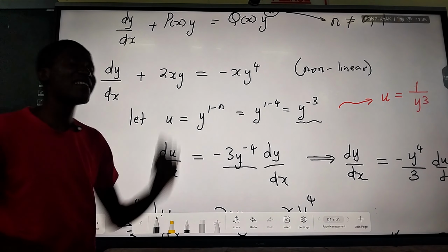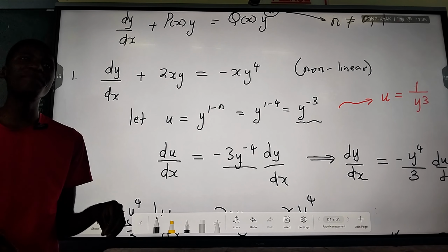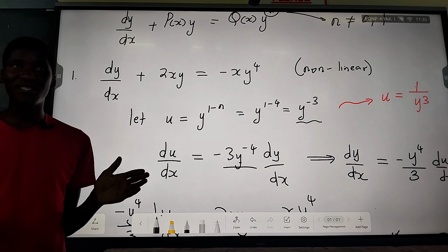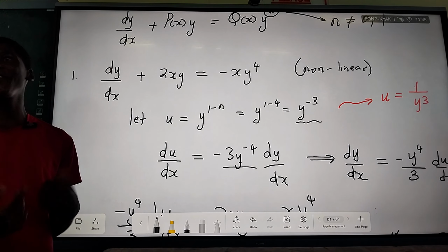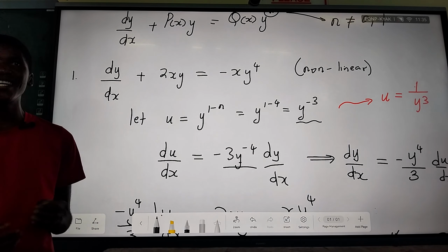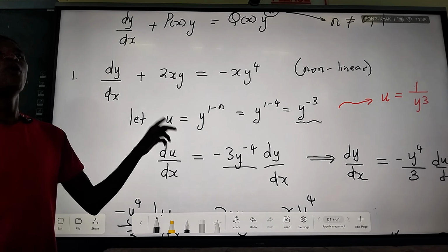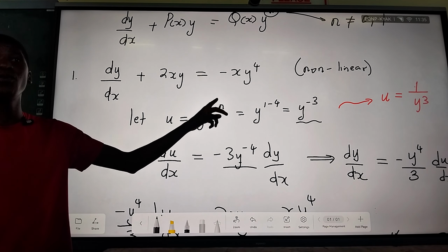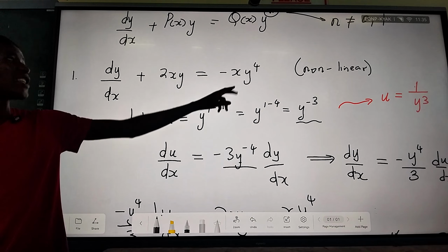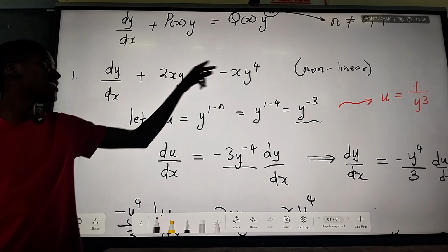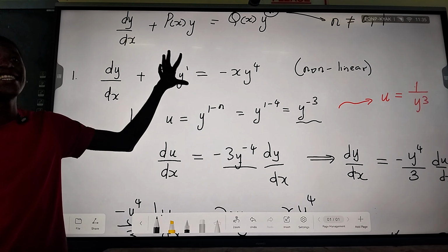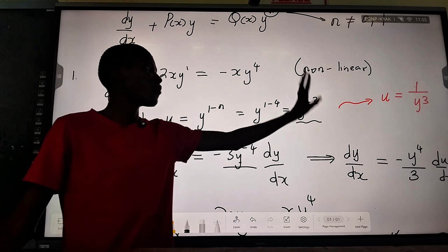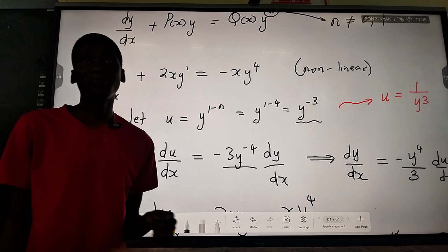You see within it, there is a y variable that is raised to something that is not 0 or 1. So what you do, you create a new variable. You do solution by substitution. You create a new variable u. U must be y to the power of 1 minus the exponent that is non-linear. In this case, the exponent that is non-linear is 4. This one is to the power 1, is perfectly linear this term. You say y to the power of 1 minus 4, you get y to the power negative 3.